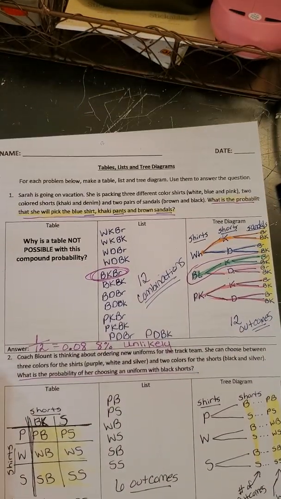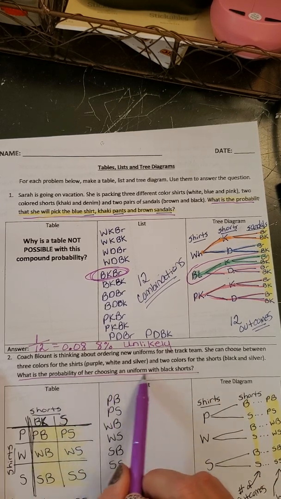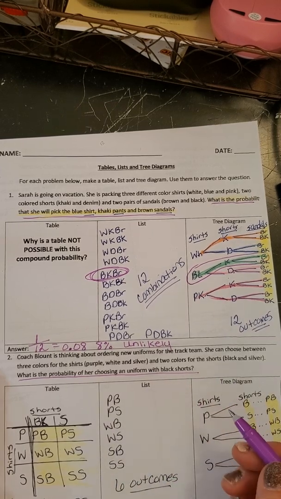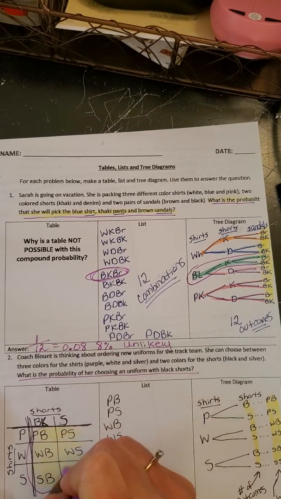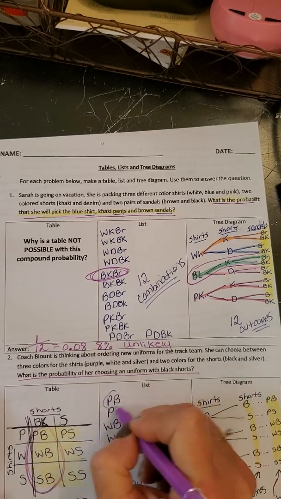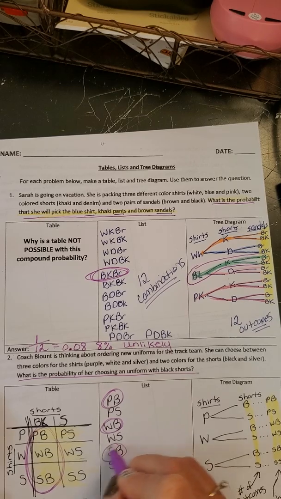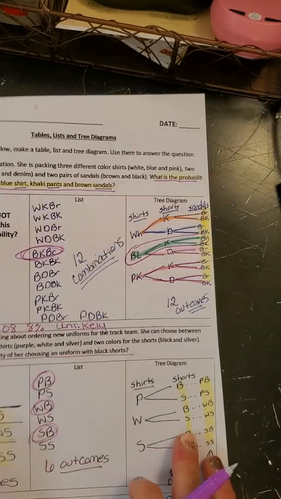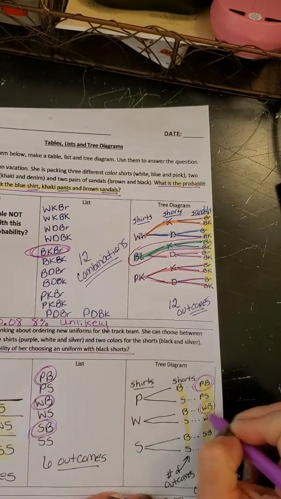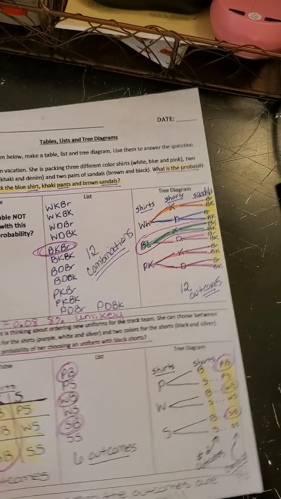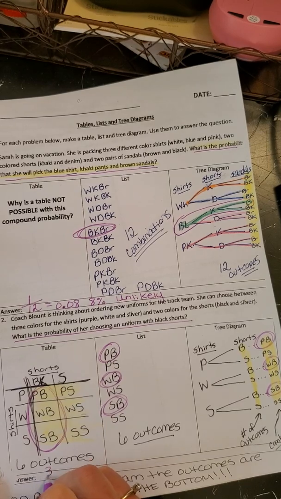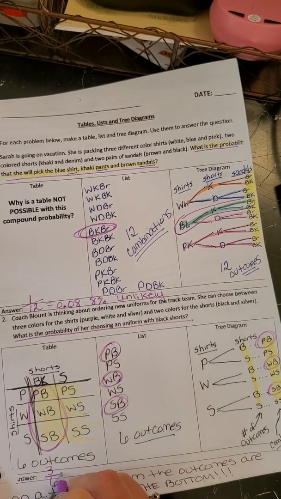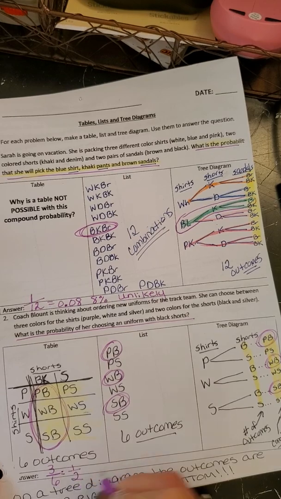Now, let's go back to our question. The question asks us, what is the probability of choosing a uniform with black shorts? So, we want black shorts. We can look in all three places. And we see that the probability of choosing black shorts is 3 out of 6, which simplifies to 1/2.